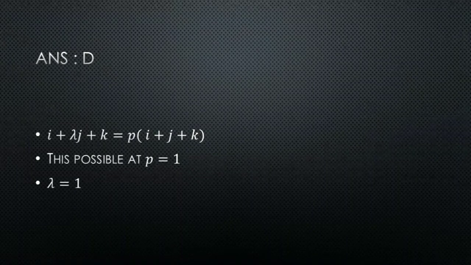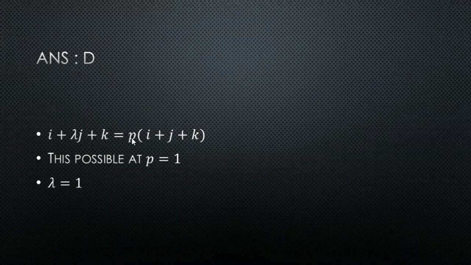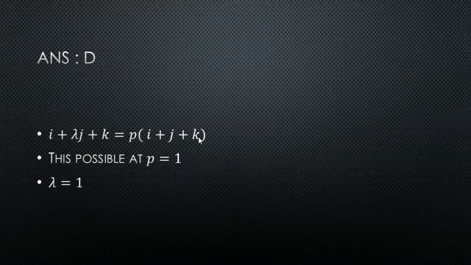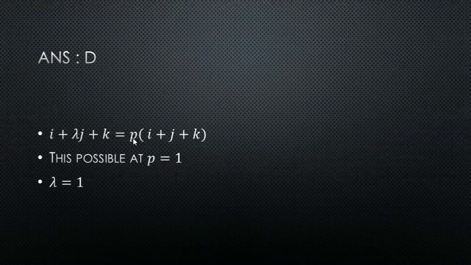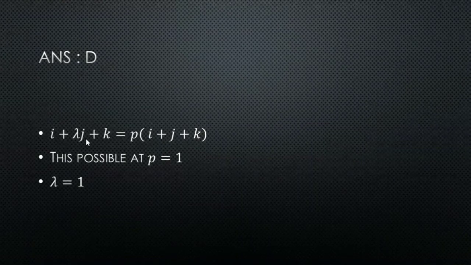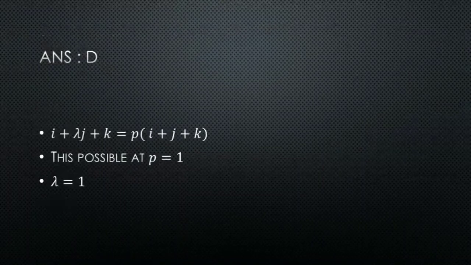First we need to find the value of p. p will be equal to 1, because i is there on both sides, and for k, here it is 1 and here also it is 1. So the value of p is 1. By comparing these two, the value of lambda is equal to 1. That is option D.